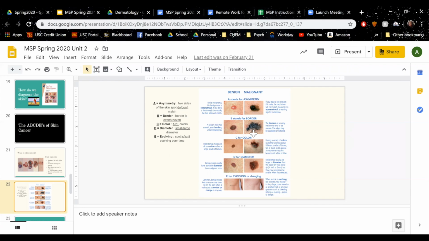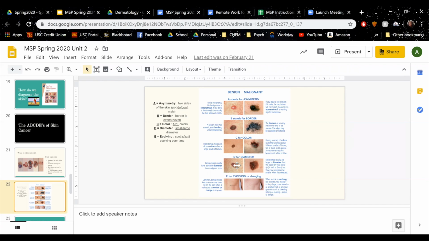B stands for border. This one is pretty self-explanatory. If it's a pretty normal shape, it's fine, but if it's super oblong and weird, then it's typically malignant. C for color. One solid color on the benign one, but the malignant one is all sorts of different colors. If you see a mix, there's typically a chance that it's malignant. D is for diameter.